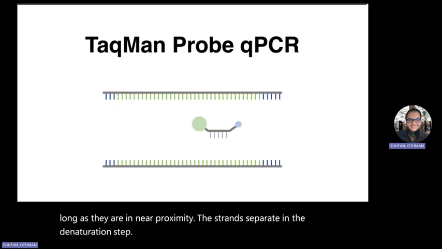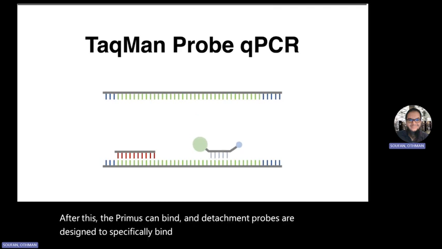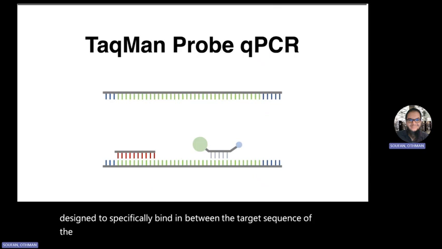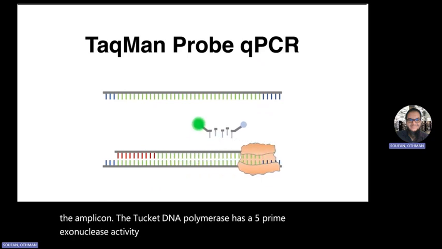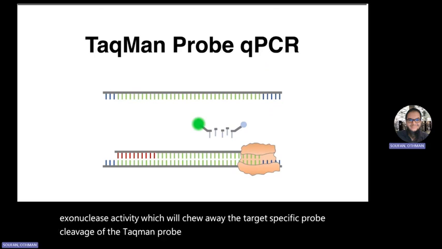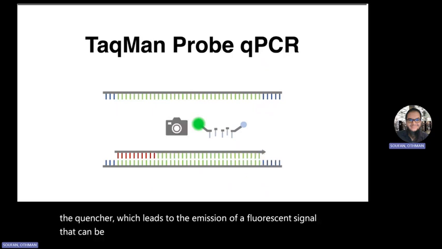After this, the primers can bind, and the TaqMan probes are designed to specifically bind in between the target sequence of the amplicon. The Taq DNA polymerase has a 5' exonuclease activity, which will cleave the target-specific probe. Cleavage of the TaqMan probe separates the reporter from the quencher, which leads to the emission of a fluorescent signal that can be detected after each cycle.